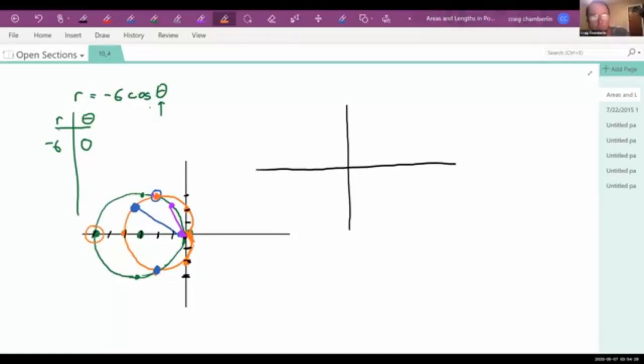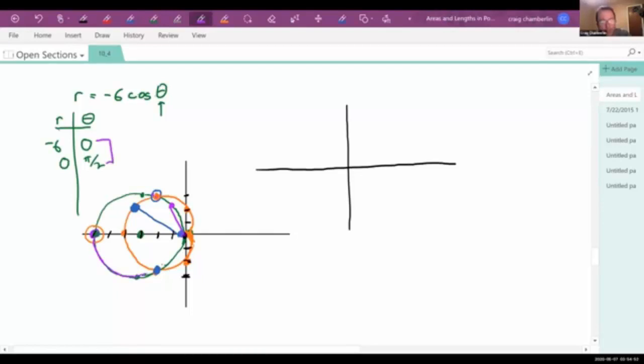So, oh, okay. What happens when you plug in π/2? That would be the next one I usually plug in. Cosine of π/2 is 0 times -6 is 0. So the bottom part of this circle is traced out as theta goes from 0 to π/2.